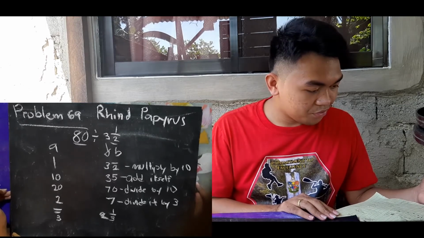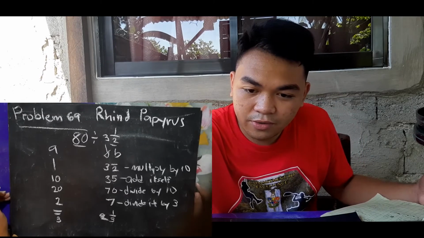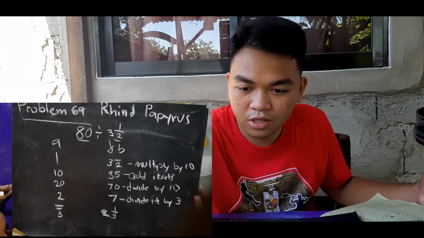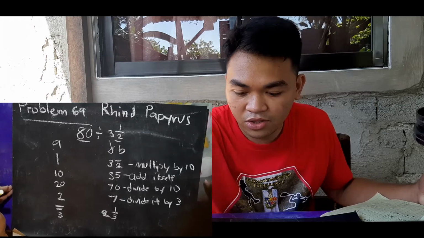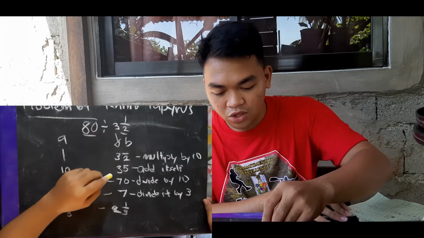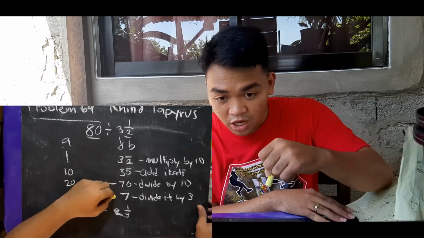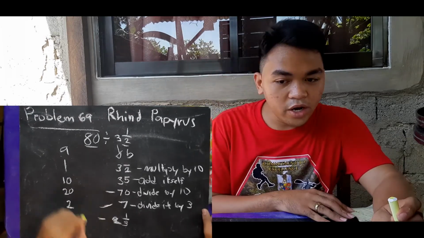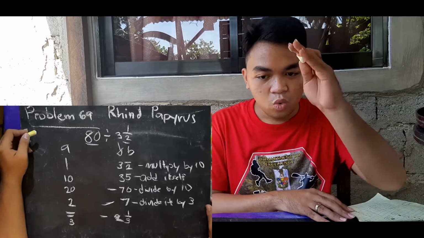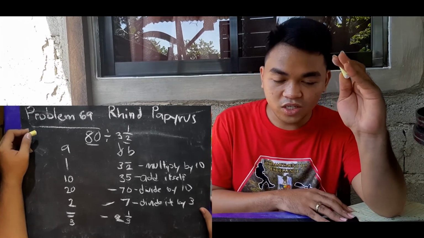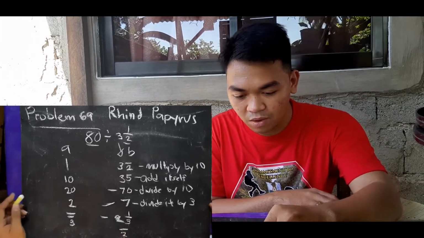Then the book gives an explanation in this problem 69 that the addition of these 3 lines is 79 1/3. So we need to add 1/2 and 1/6 to this column to get the number 80.